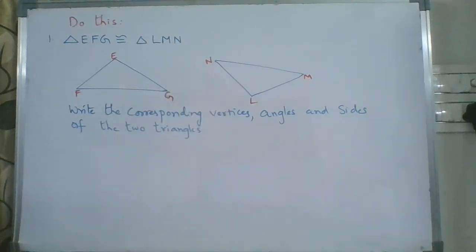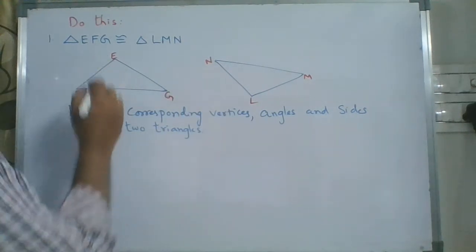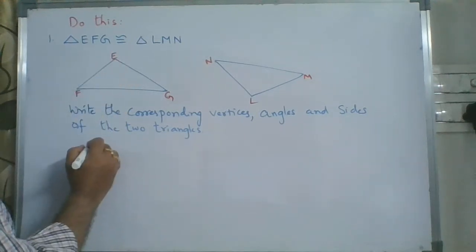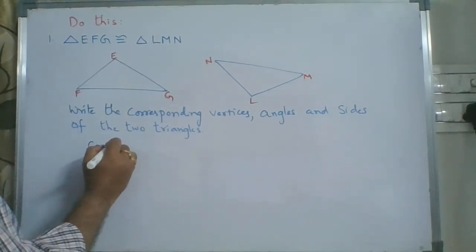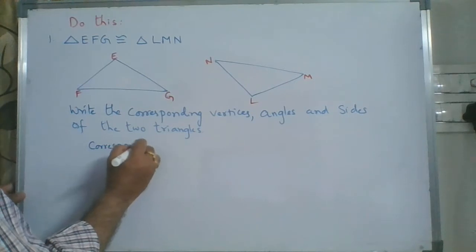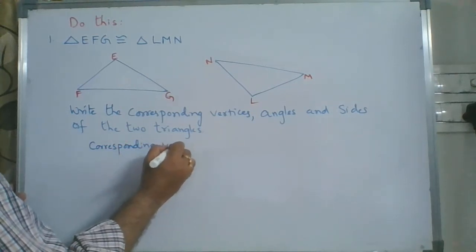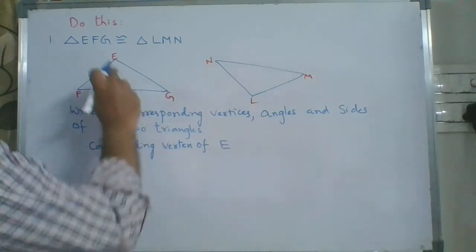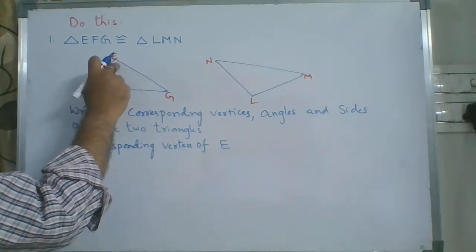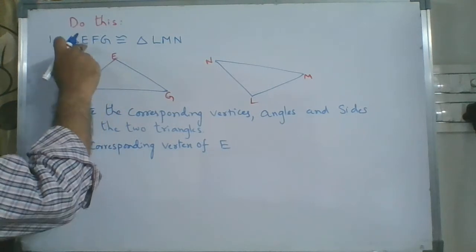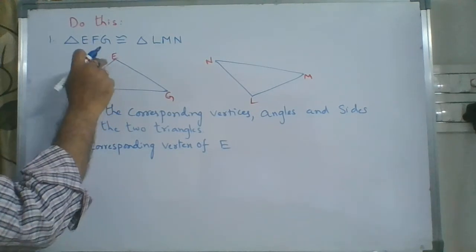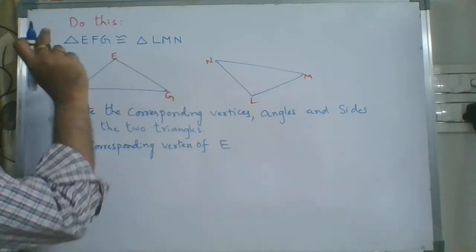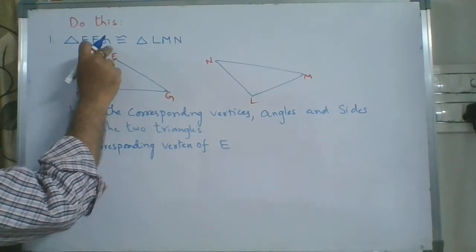So the corresponding vertices means, the corresponding vertex of E. E is the vertex of this triangle, and what is the corresponding vertex of this triangle? See here, EFG is the triangle name, no?